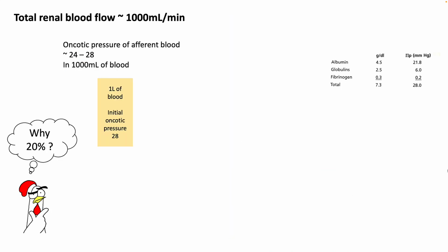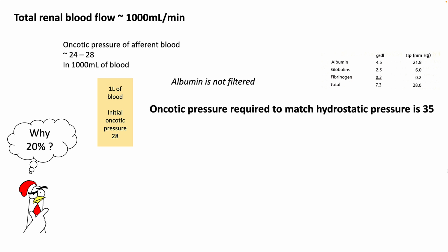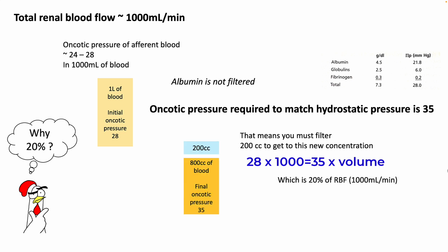So why 20%? We understood that renal blood flow is around 1000 ml per minute, and the initial oncotic pressure is between 24 to 28 centimeters of water. So the oncotic pressure required to match hydrostatic pressure is around 35, as we have seen previously. And you can calculate that after losing 200 cc's of ultrafiltrate, the new oncotic pressure is 35, which is equal to the hydrostatic pressure.